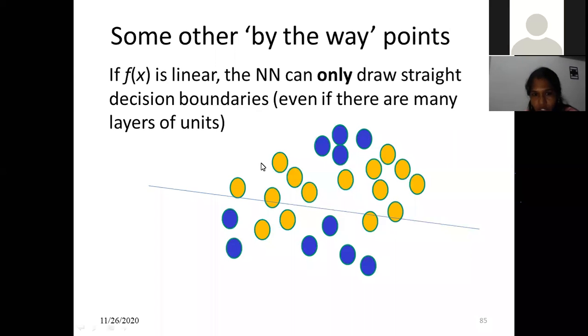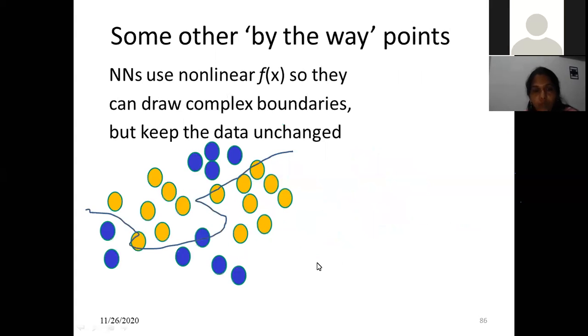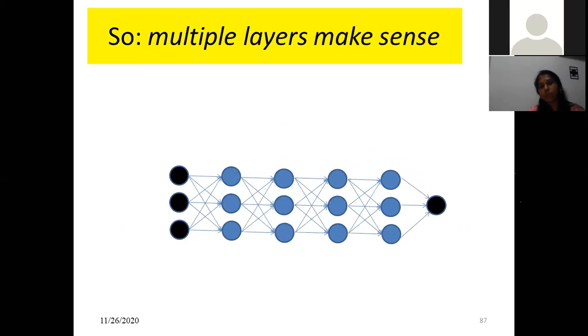Here you can check that with a straight line, it is very difficult to divide the classes. But with a non-linear activation function, famous examples being the sigmoid and tanh functions, we can solve complex problems without changing the data. So multiple layers make sense. Instead of sticking to linear layers or linear classifiers, we'll move on to multiple layers.